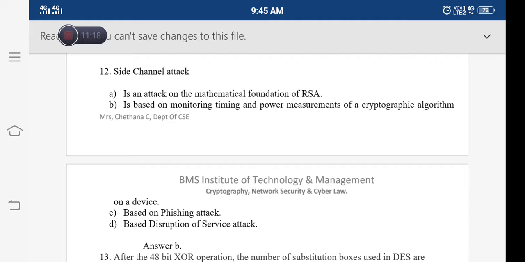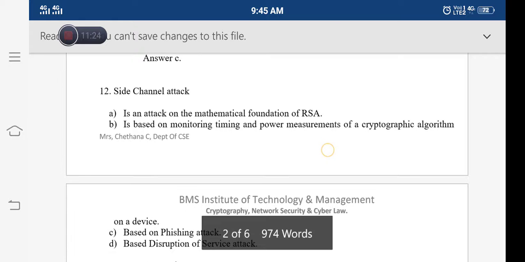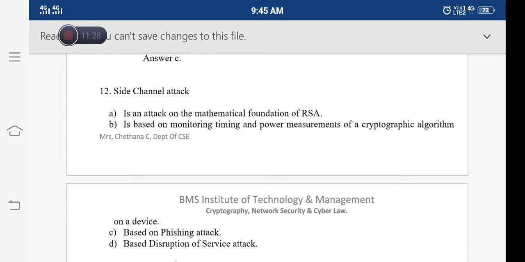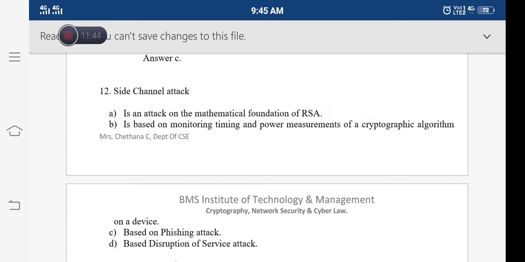The pseudocode for square and multiply was discussed, along with its advantages and disadvantages, and how an attacker will come to know the values of 1 and 0 for the given decryption key value. So side channel attack is based on monitoring timing and power measurements of a cryptographic algorithm. Among the given answers, the answer is B for the side channel attack.